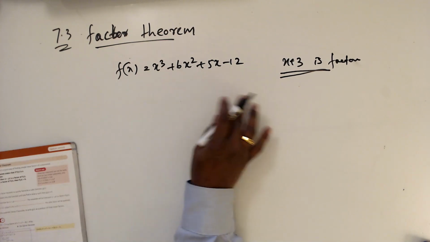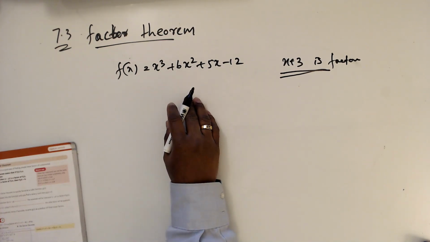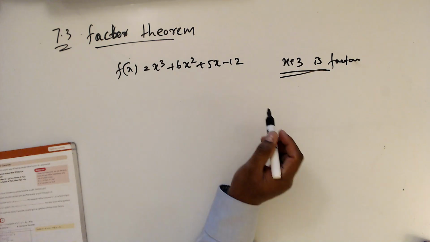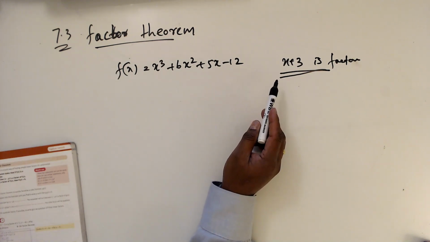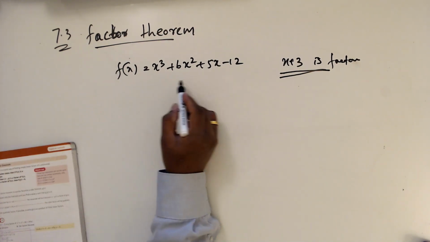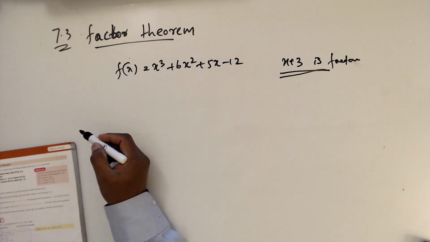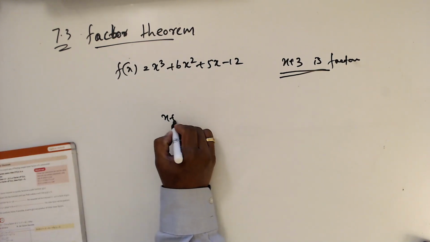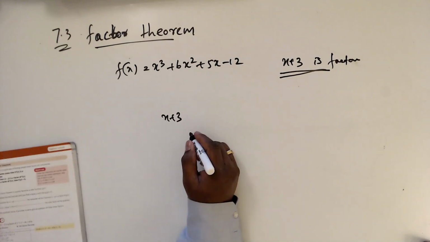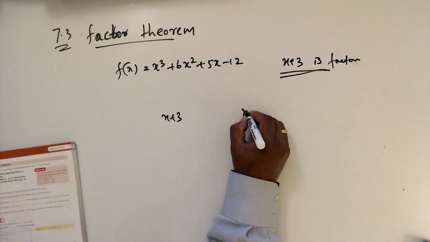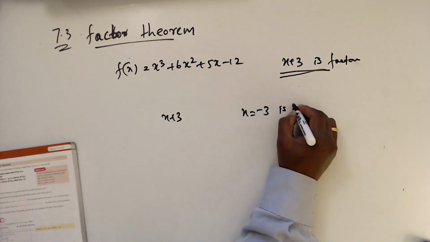Now that is one root of that one part. I'll tell that x plus 3 is a factor of this one. Then what is the meaning of that? Meaning that x equal minus 3 is a root.